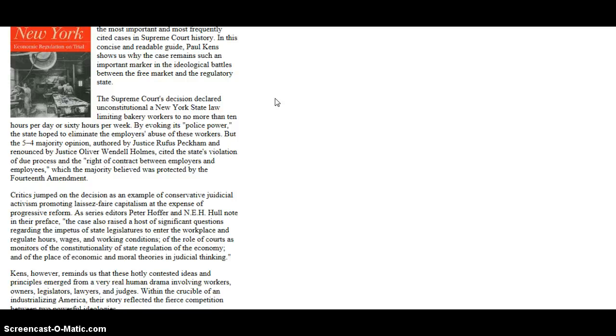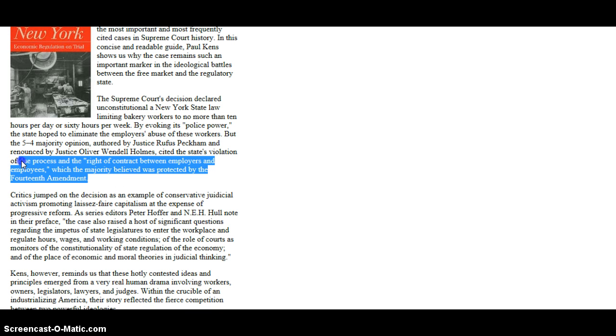In other words, the state of New York had limited the number of hours that these bakers could work because they said that more than that was exploitation of the worker. So it was seen as a victory within the world of labor and labor unions. But in a 5-4 opinion, the Supreme Court struck down this state law and said that the state law violated the due process and the right of contract between employers and employees, and cited the 14th Amendment.